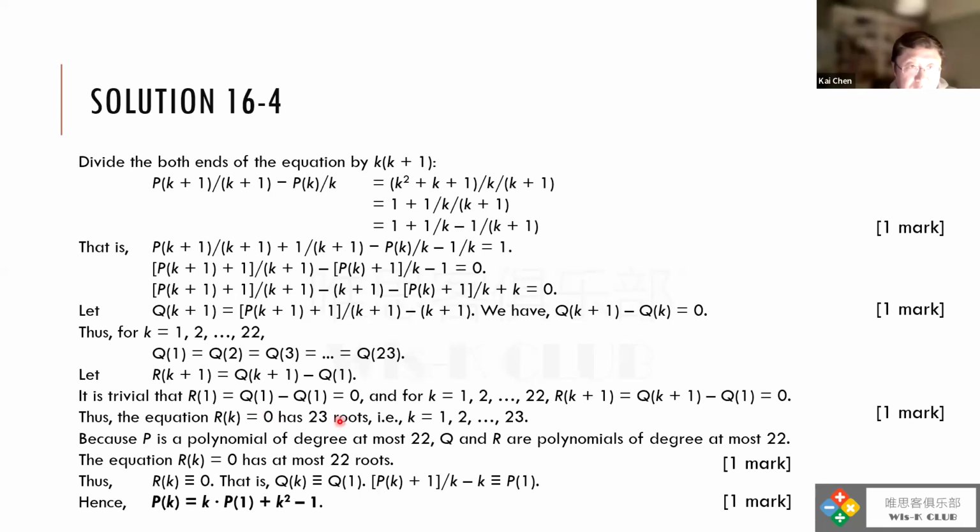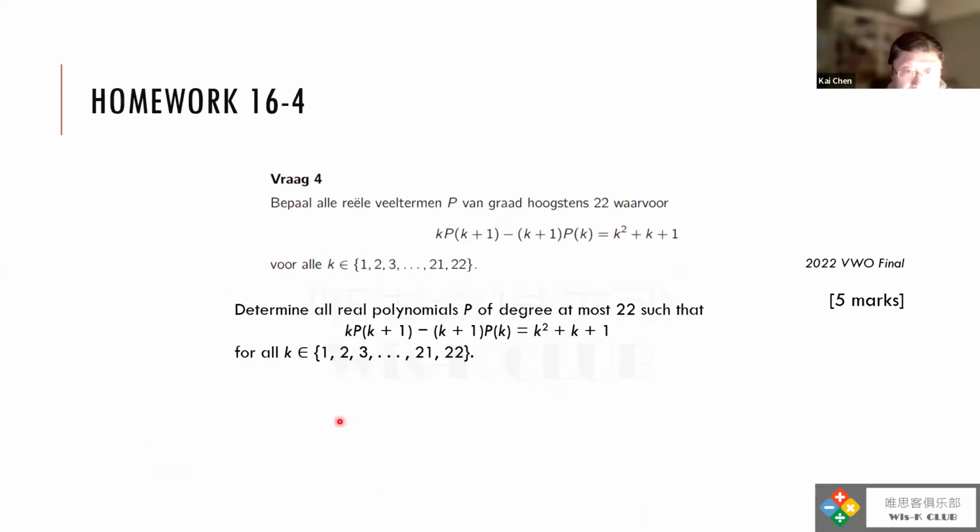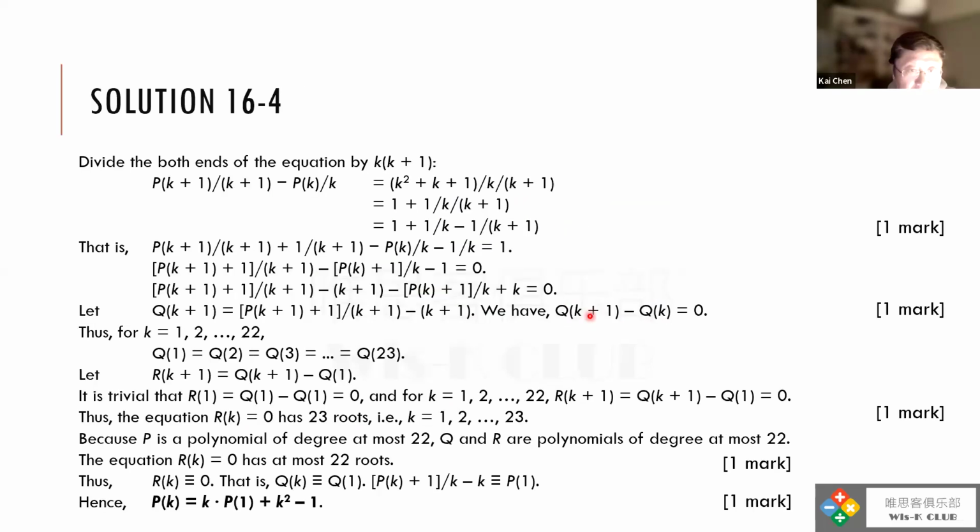But since p, q, r, all of these functions have order up to 22, sorry, the degree is at most 22. So it's a polynomial up to degree 22, but you have 23 zero points.